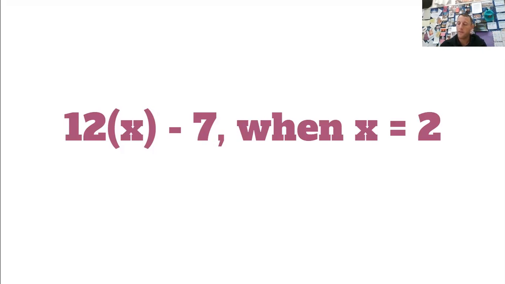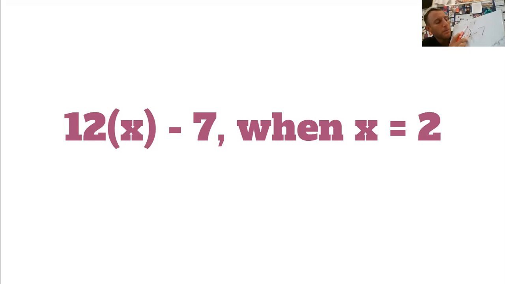So again, this is the big part I need to show you today. Wherever you see an x, if they tell you x equals 2, go in here, and I like to use a different color. It just helps my mind. I'm just going to erase wherever I see that x, and I'm going to draw in a 2, because that's what x equals in this expression. Now I have 12 times 2 minus 7.